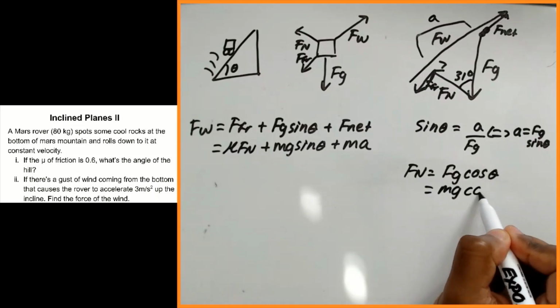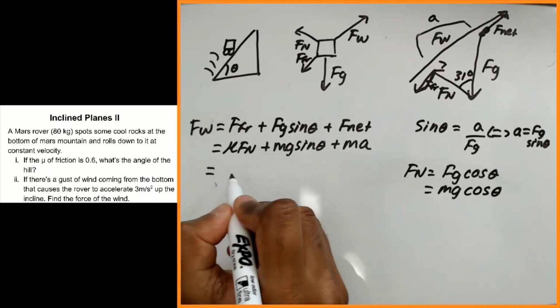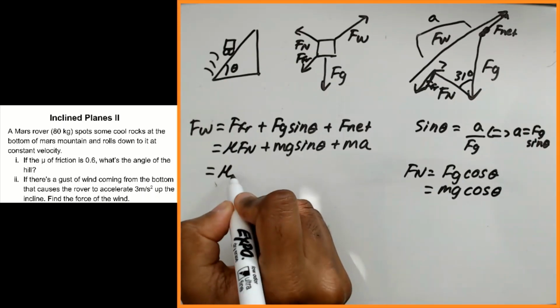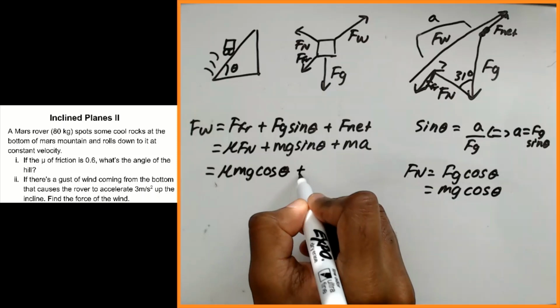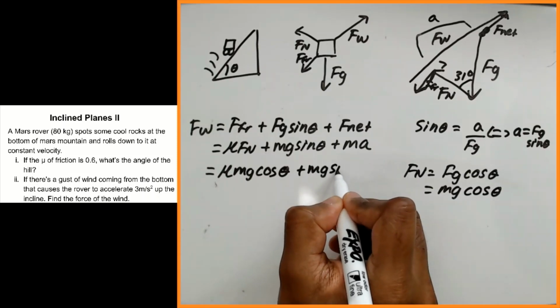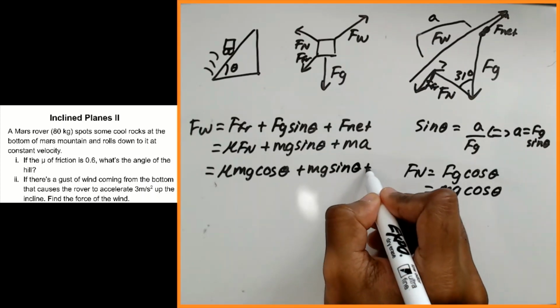So this is equal to mg cos theta. So let's go ahead and just plug that back into here. So we get mu times mg cos theta plus mg sine theta plus ma.